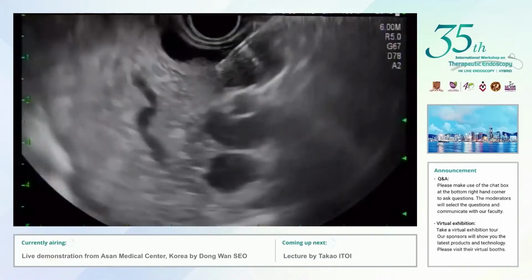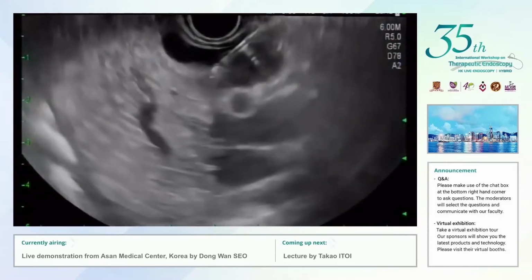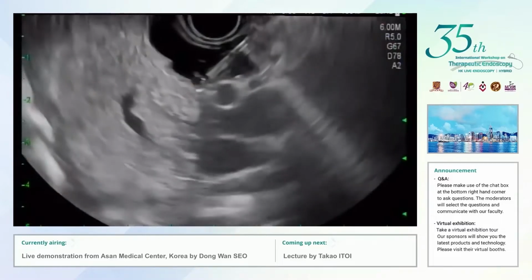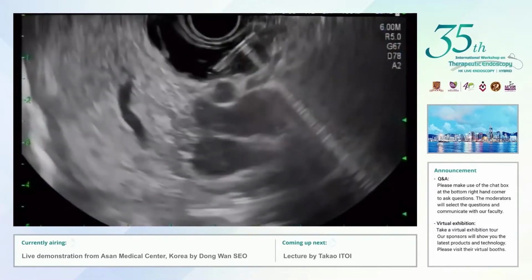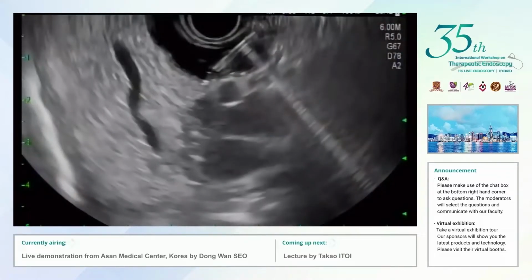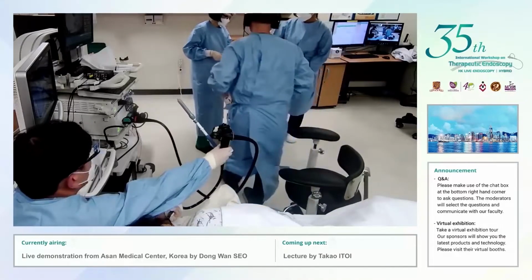Yes, the cyst wall is drawn backward. And then I can confidently say that we grabbed some amount of cyst wall and pulled it back. And then I will fix the right and left knob and the up down knob, and I will retrieve the sample. Okay.